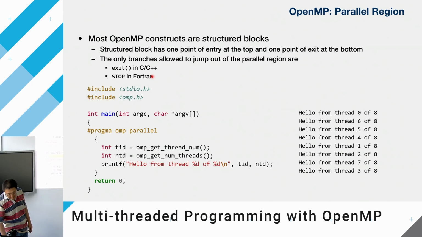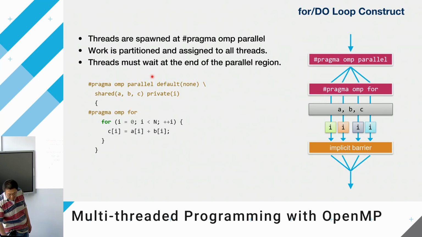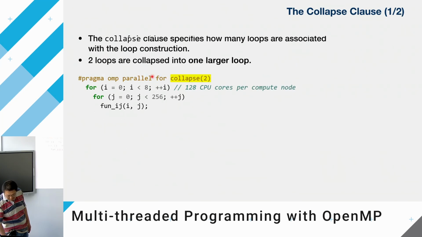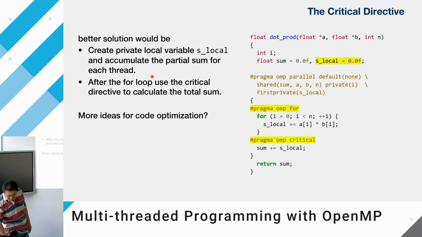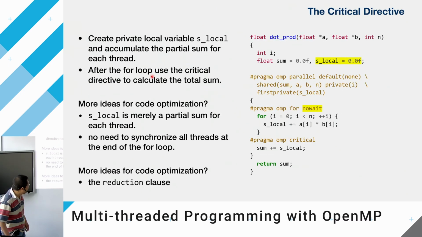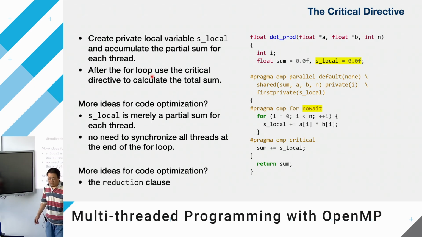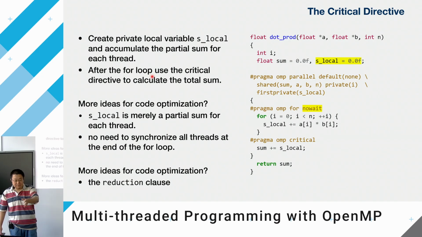But for this calculation, this S local is local for each thread. So there's no dependency for S local for thread 1 and S local for thread 2.